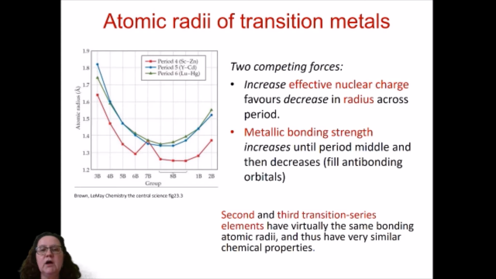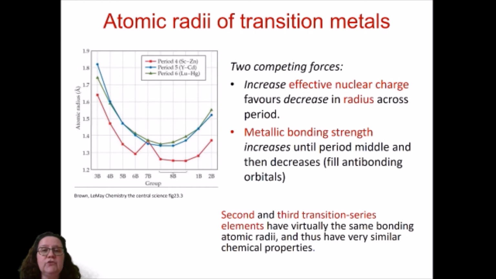On one hand, with higher atomic number, you have a higher number of protons in the nucleus, and you have more electrons in the electronic cloud. But in the case of the d block, in the case of the transition metals, those electrons are in the d orbital, and they are not as efficient as the s and p electrons to counteract that positive charge that you have in the nucleus.